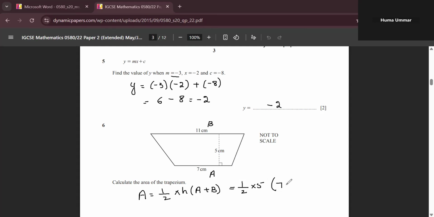So half into 5 into 7 plus 11. 7 plus 11 is 18, so 2 times 9 is 18. Now 9 times 5 is 45. Remember you can take any side as a and b, and even if you write height before, you can write it afterwards also, it doesn't matter.